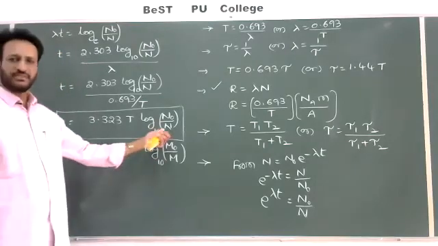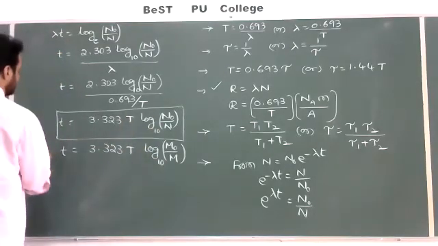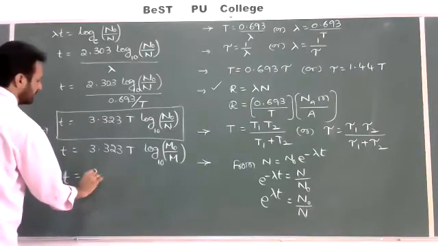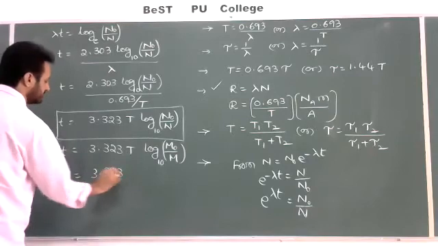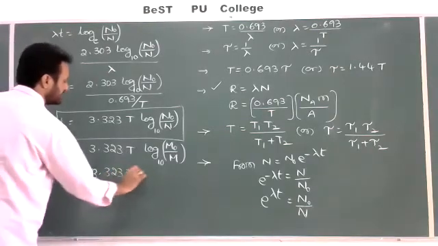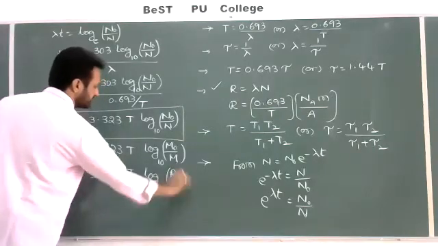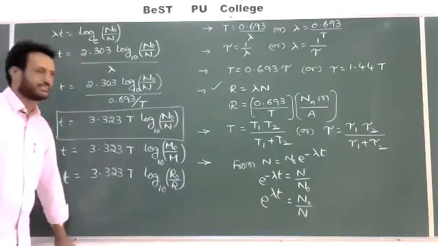If the number of atoms is given, use this formula. If activity is given, then t is equal to 3.323 into capital T into log R naught by R base 10, in terms of the activities.